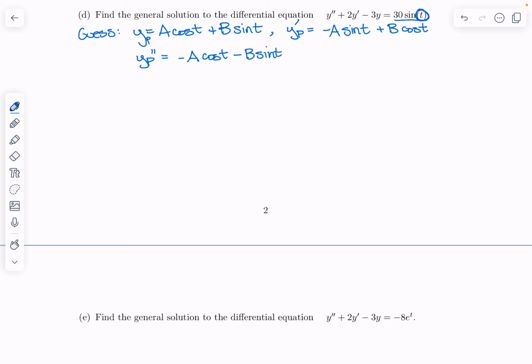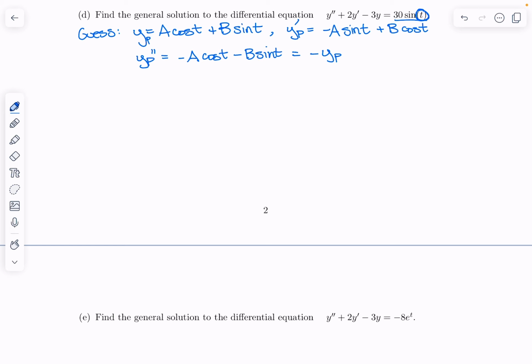Now I'm going to note, because it is really helpful, that this is in fact minus my particular solution. So the second derivative ended up being minus 1 times my particular solution that I guessed.